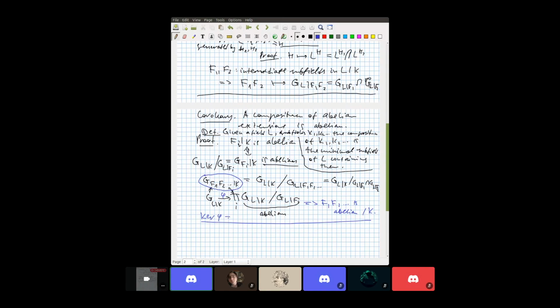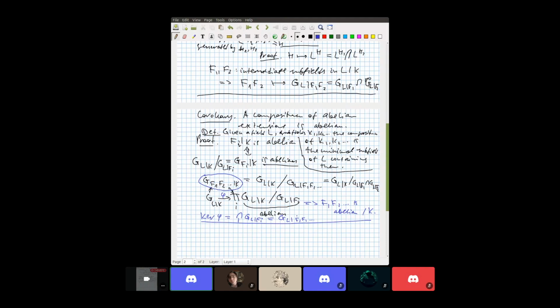The kernel of phi is the intersection of the G(L over Fi). And this is the Galois group of L over the compositum. Okay, and our Galois group, which is encircled in blue, is precisely the quotient of the Galois group of L over K by this kernel.